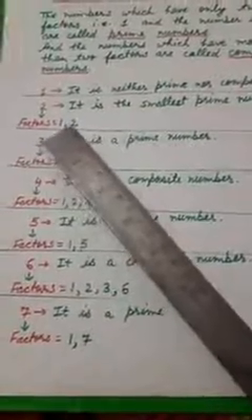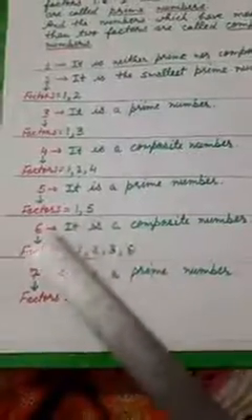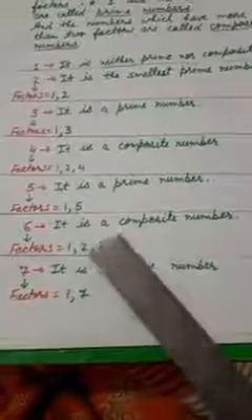The numbers which have only 2 factors are prime numbers, and the numbers which have more than 2 factors are composite numbers. Next, 5 also has only 2 factors. It is also a prime number. 6 has 4 factors. It comes in the table of 1, it comes in the table of 2, 3 and 6. That's why it is a composite number.